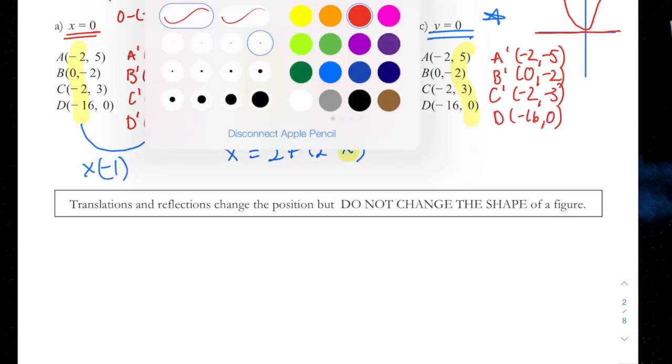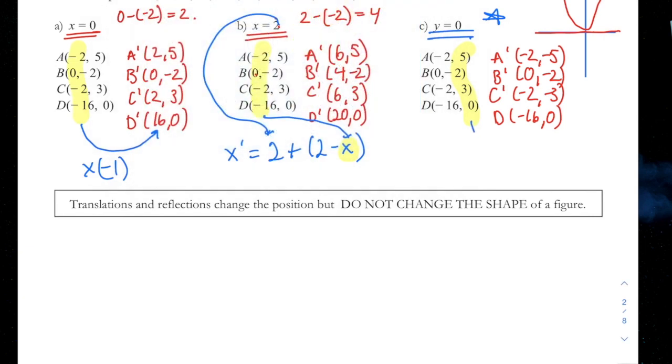Okay, so we can say in this case that the general rule is we take all our y values and we multiply them by -1 to get what I'm going to call my y prime values. And my x prime values are just my x values, they don't change. So just a couple more comments.